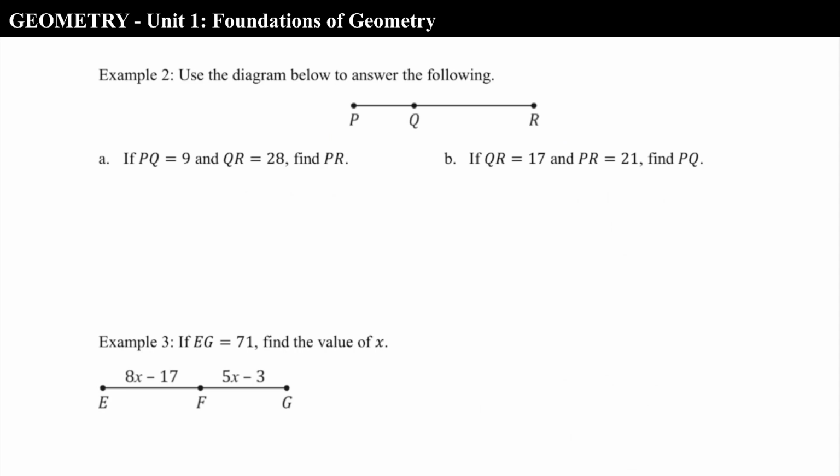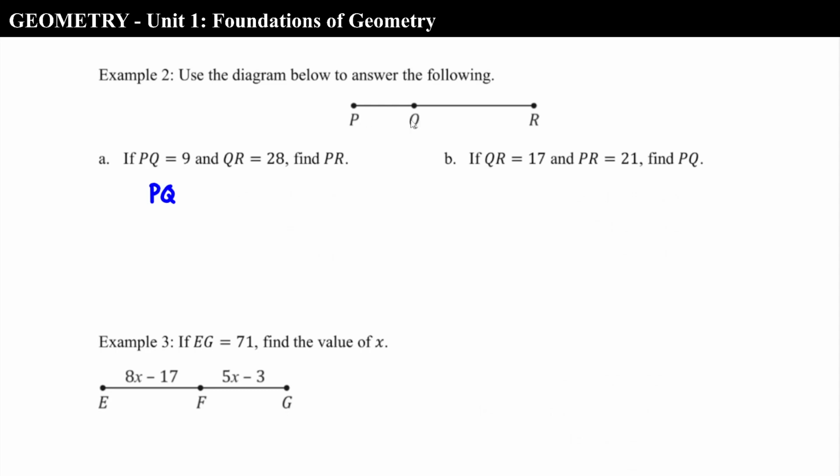So let's use the diagram here, P, Q, and R, to answer the following. Okay, we've got two different problems that we're going to do with this one. First, if PQ is 9 and QR is 28, then let's find PR. Well, let's start with the geometry step. I always want you to start with the geometry.